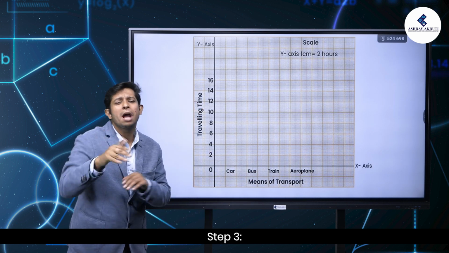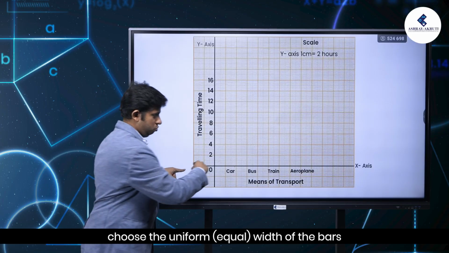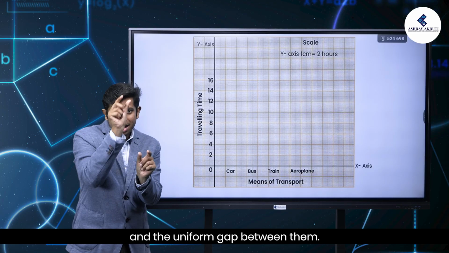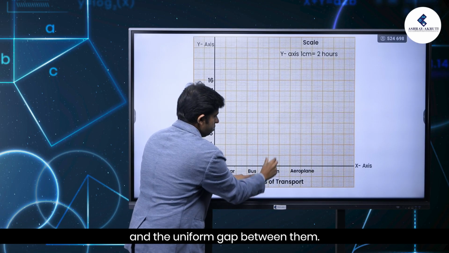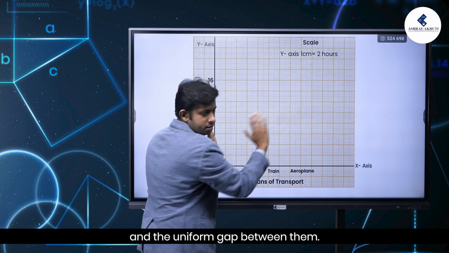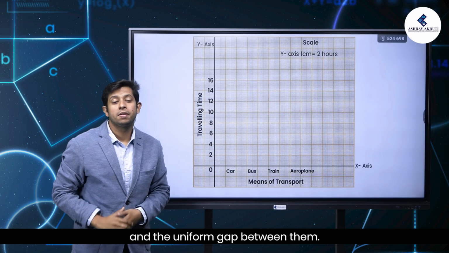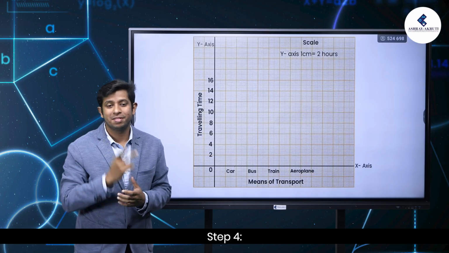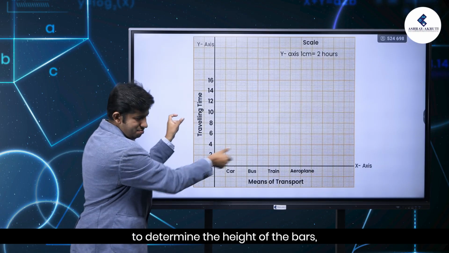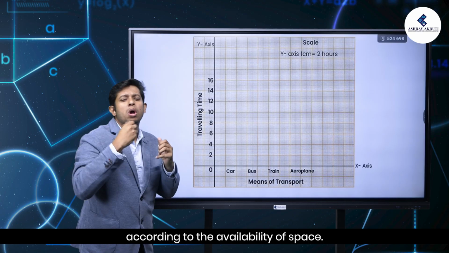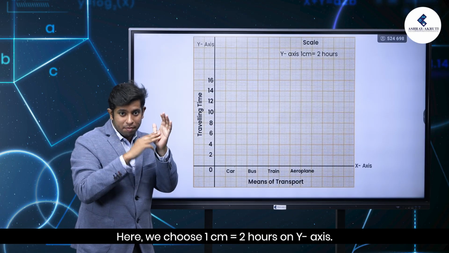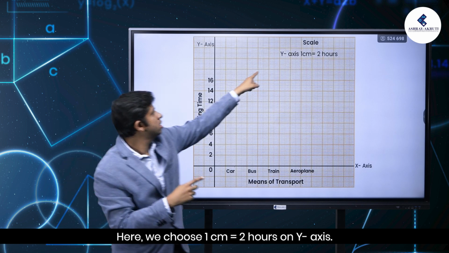Step 3. Along x-axis, choose the uniform width of the bars and the uniform gap between them. Step 4. Choose a suitable scale to determine the height of the bars according to the availability of space. Here we choose 1 centimeter equals 2 hours on y-axis.